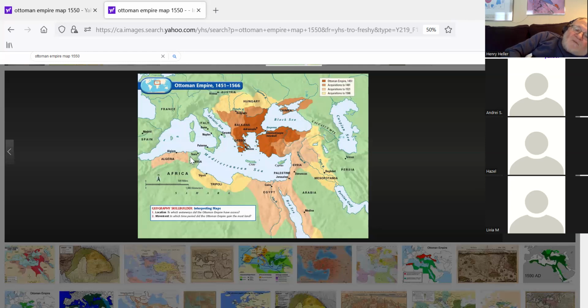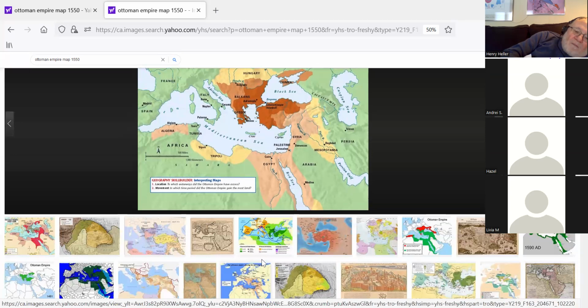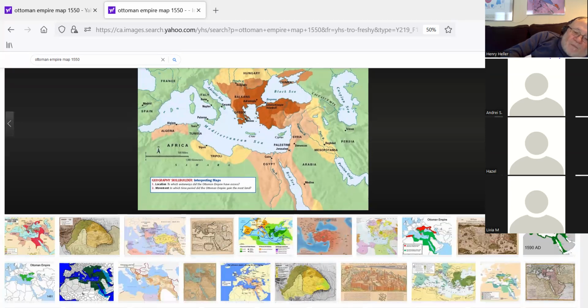And this process ultimately reaches its climax in the reign of Mehmed II. And here we come to the review question, which I'll deal with, of course. But Mehmed II is considered to be the founder of the Ottoman Empire.